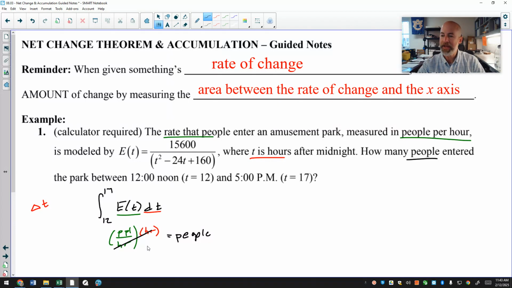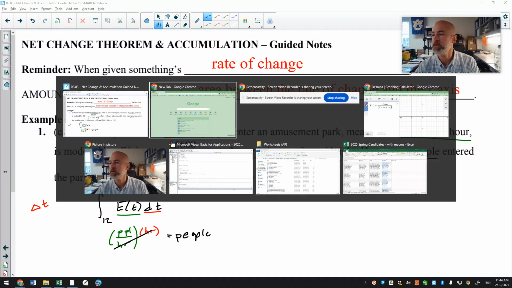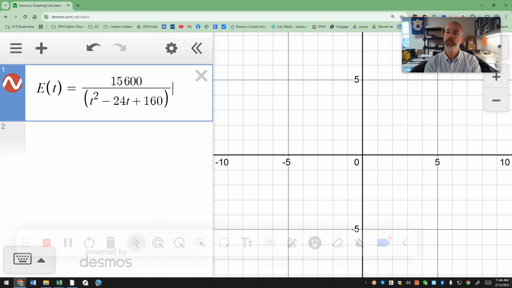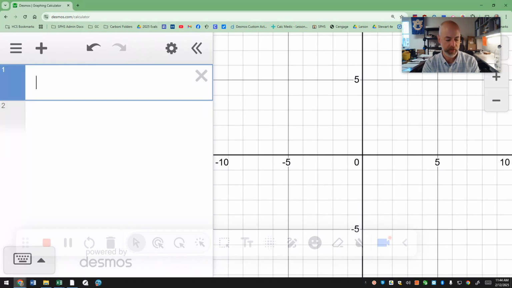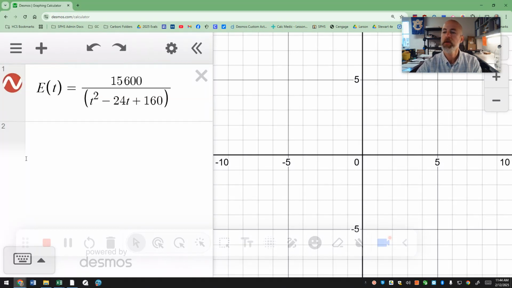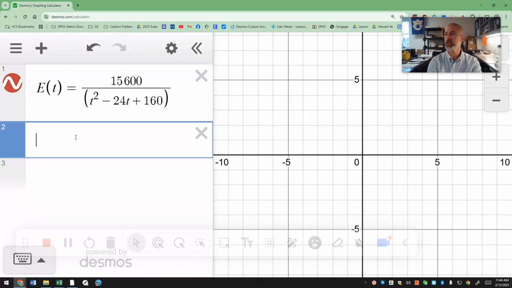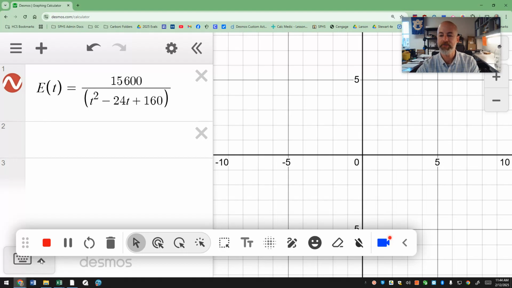As far as getting the answer for this one, we'll use a calculator, and I am going to use Desmos instead of my TI-Inspire, which I typically use. So let me go over to Desmos here. You can see I've already stored the function for E of t. If you want to enter a definite integral into Desmos, you can go through the little keyboard down here and find the definite integral notation.